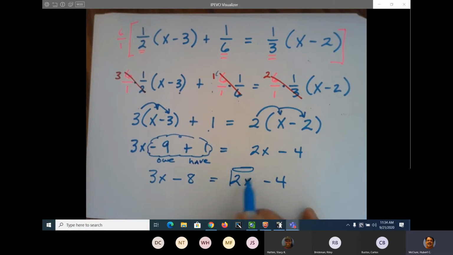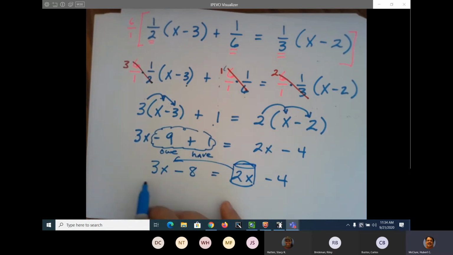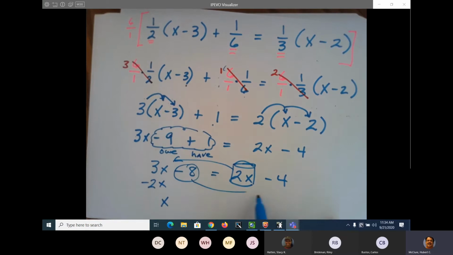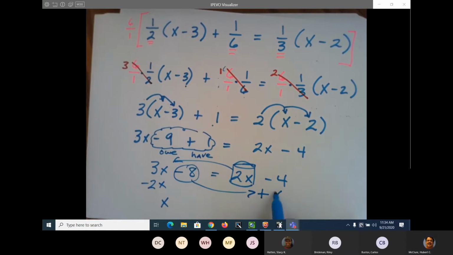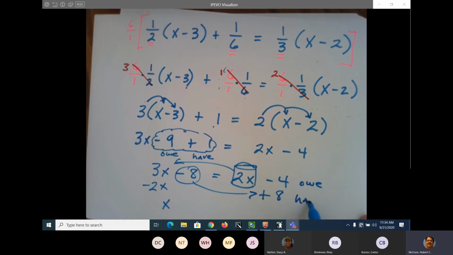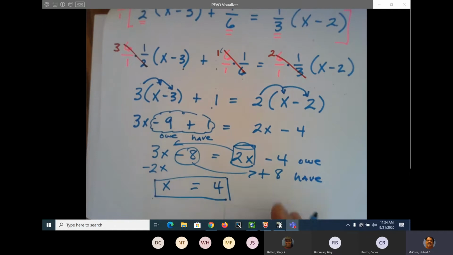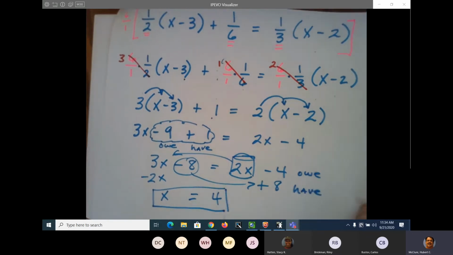Smallest bucket is 2x. Take it across the river. Take the 8 across the river. You owe $4. You have 8. You have 4. And you feel good about yourself.